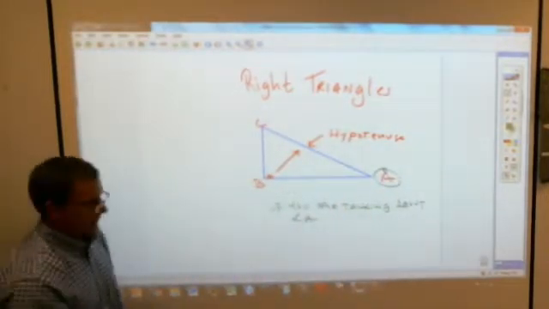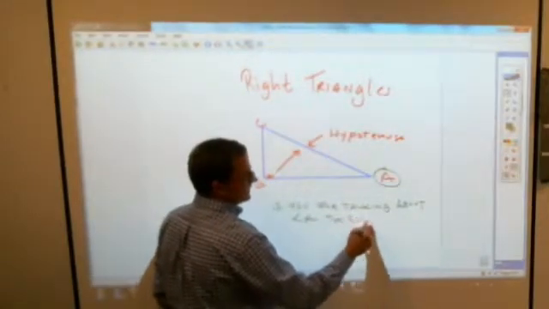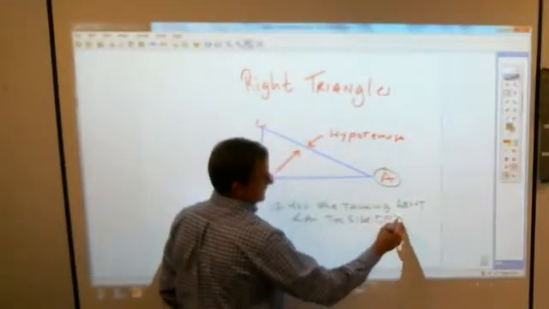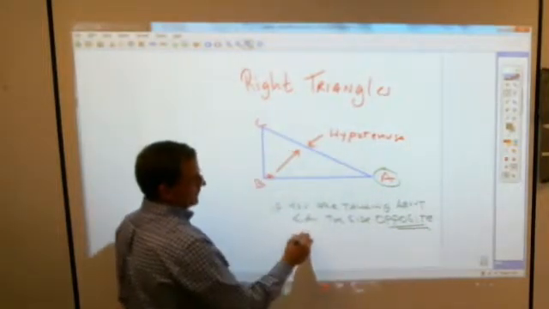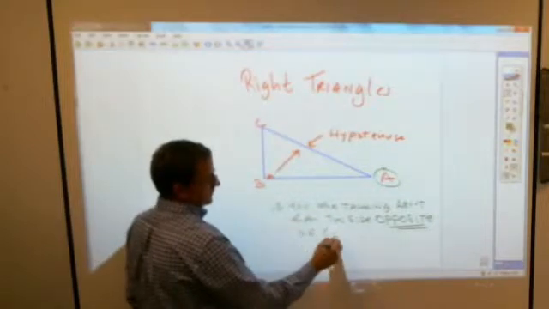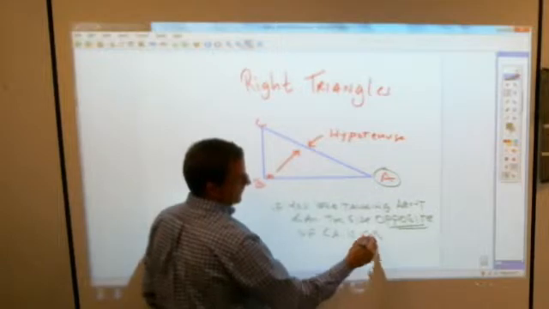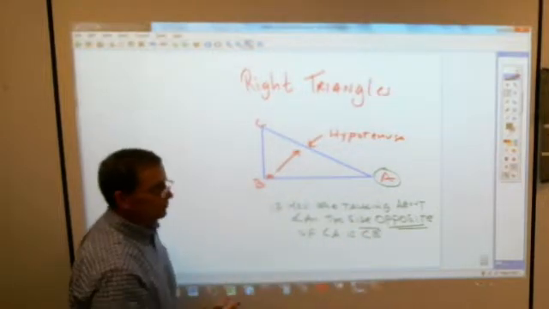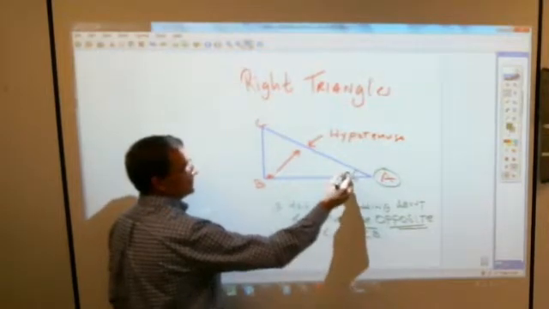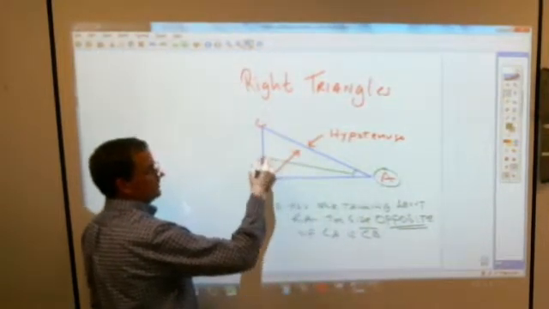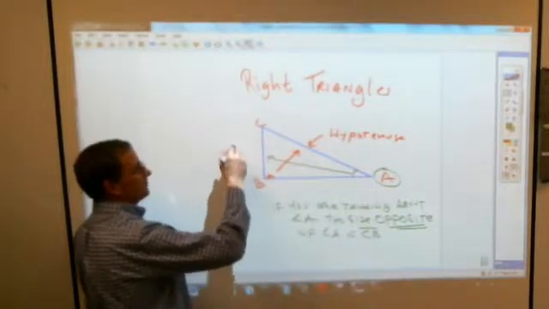The side opposite of angle A is side CB, which simply means this. Angle A is pointing towards, it's opening up to this side right here, and we call this the opposite side.